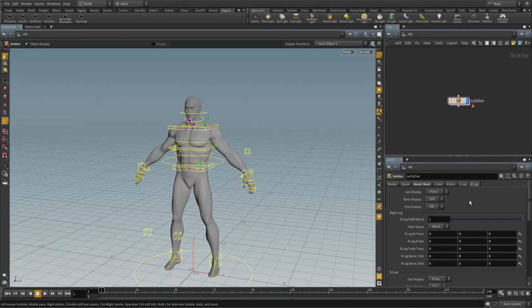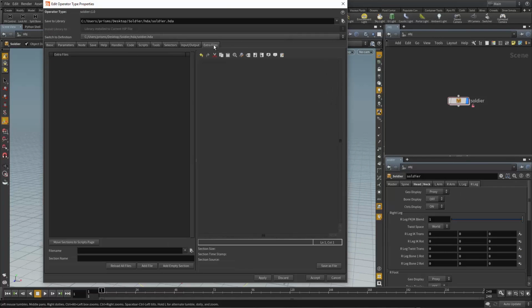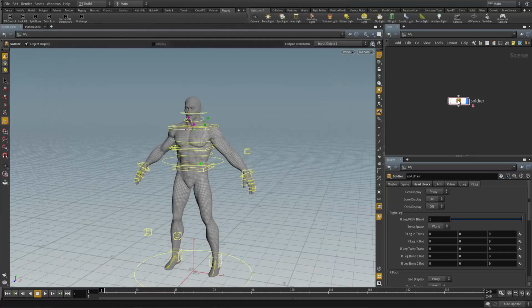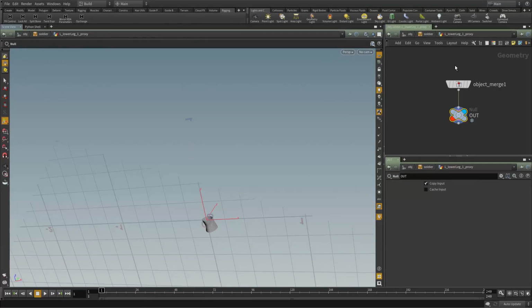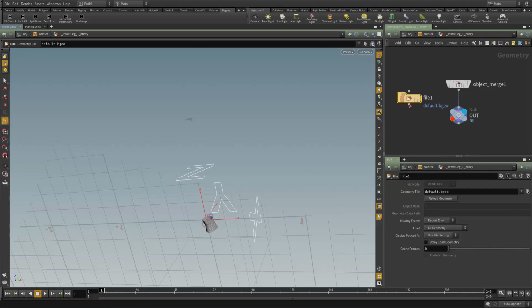And what it will do is it will take that geometry and inject it into our HDA here in the extra files section. So we'll have a big list of those proxy objects in our HDA. And then inside of our proxy objects, we'll get rid of these guys and we'll put down just a file in node.